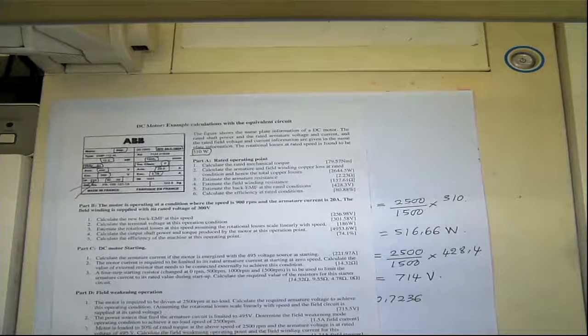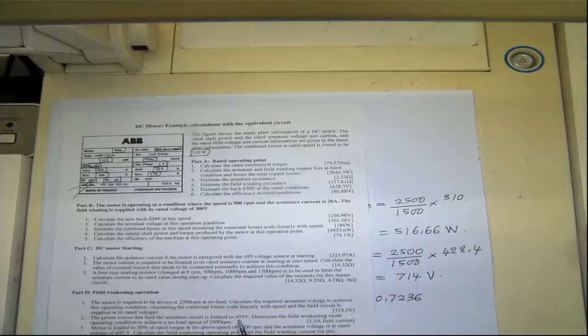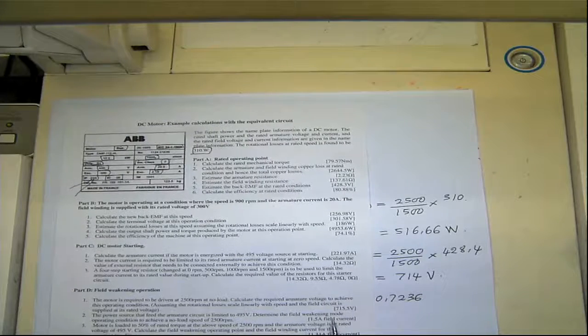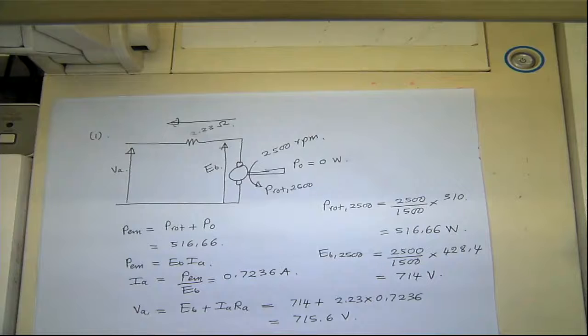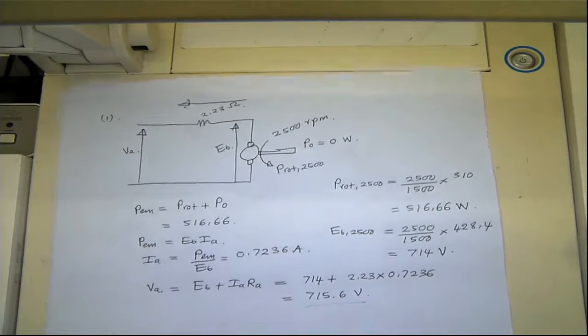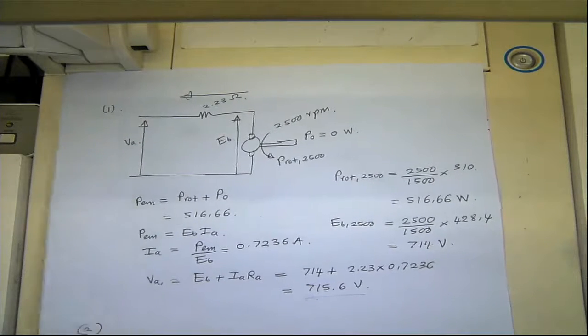The power source that feeds the armature circuit is limited to 495 volts. Determine the field weakening mode operating condition to achieve a no load speed of 2500. This is above the limit, so we can't run it at this particular condition.